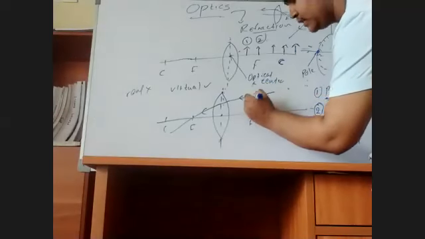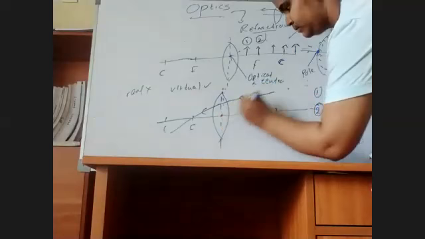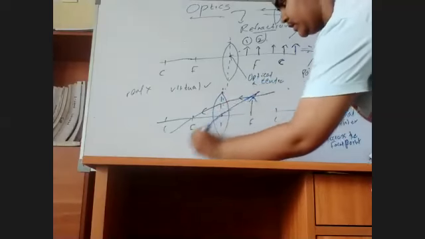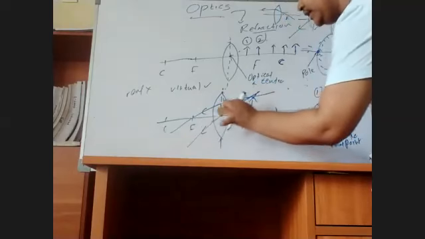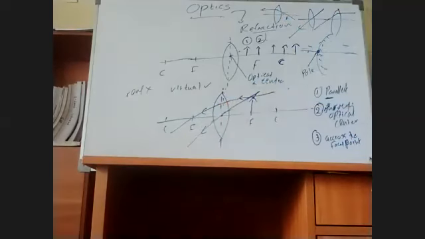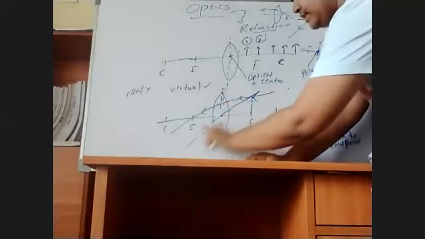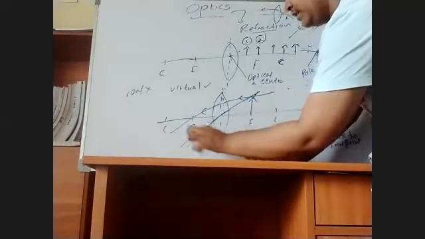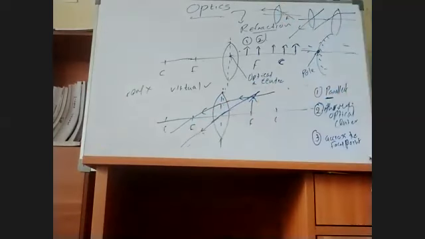So here the ray is passing without any refraction. You may see that there is a reflection according to my diagram, but it will pass straight away without any refraction. Okay.